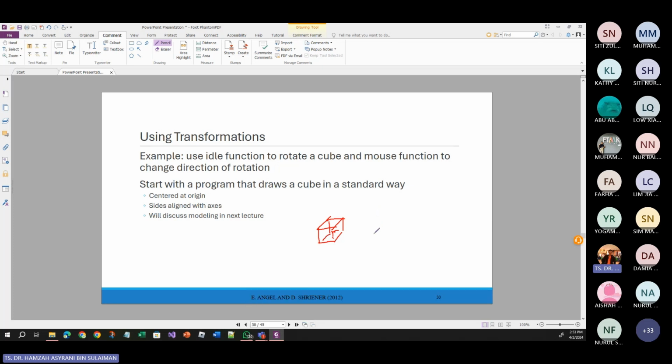Contohnya mouse wheel ke bawah, dia akan minus rotation tu ke arah negatif, terbalik. Kalau kita gerak ke atas, let's say dia akan move ke kanan, tambah 0.5 for every move ke kanan. Itu kalau kita buat move wheel tu ke kanan ataupun ke bawah lah. Kalau dia nak buat ke depan, ke belakang, you guys kena configure dekat mouse function tu.